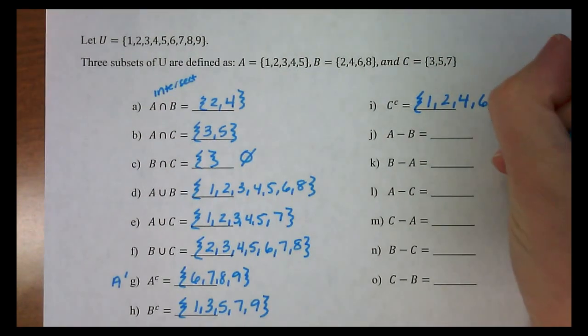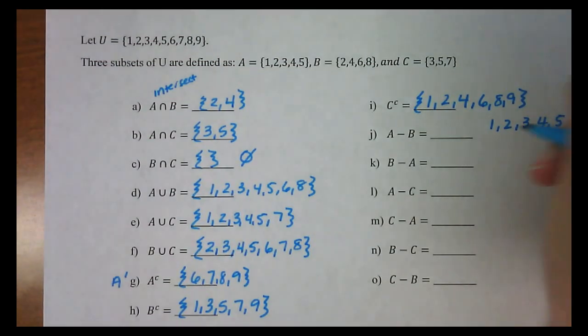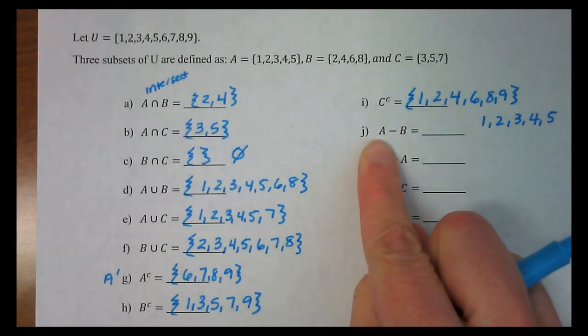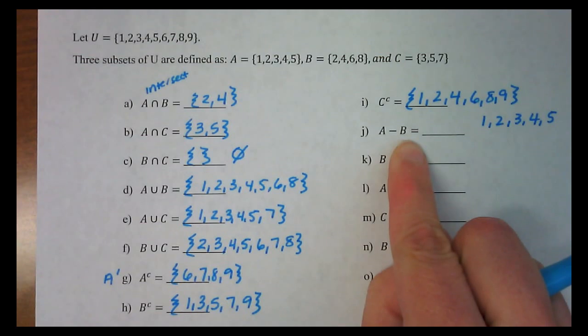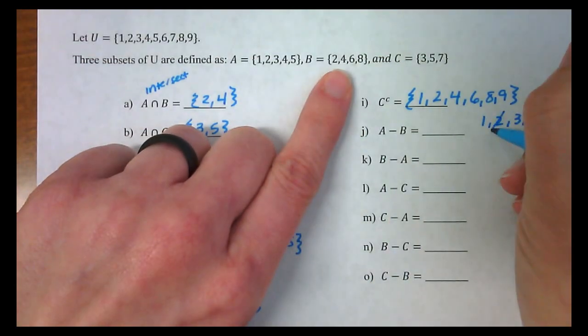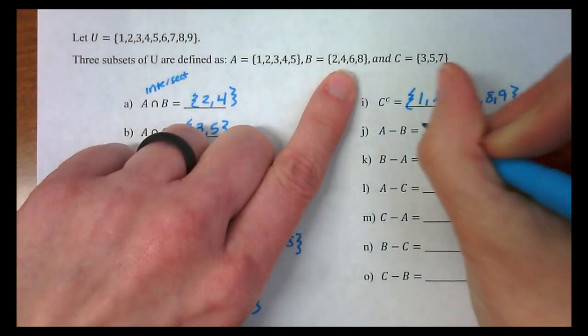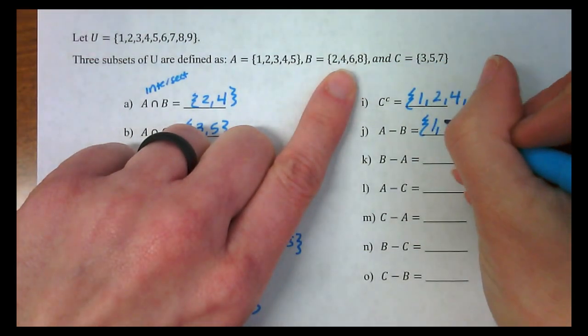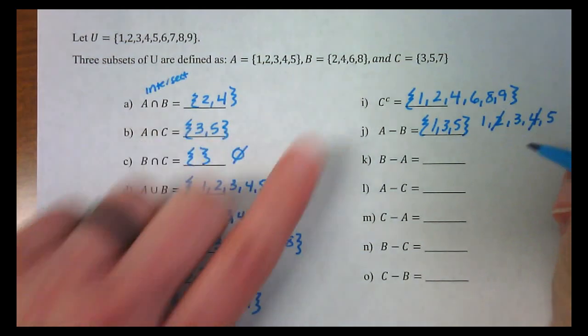A minus B. When we talked about this in the last section, I told you guys it helps if we write out the first set that you're dealing with, and then minus B means cross out whatever's in B. So we're going to cross out the 2 and we're going to cross out the 4. So that just leaves us with 1, 3, and 5.